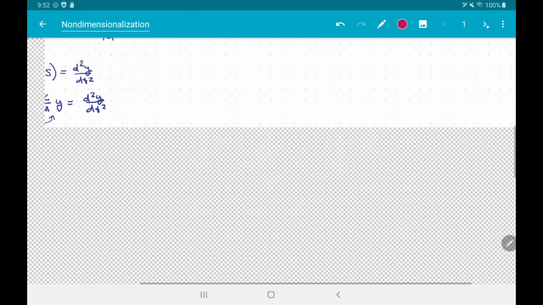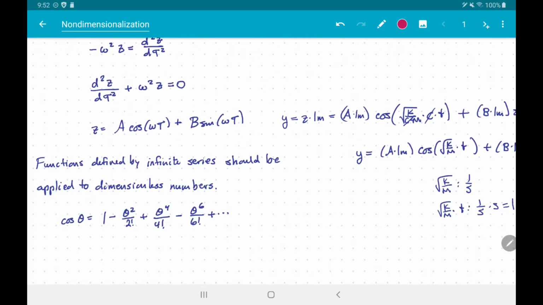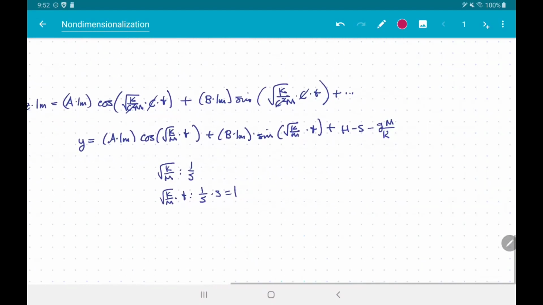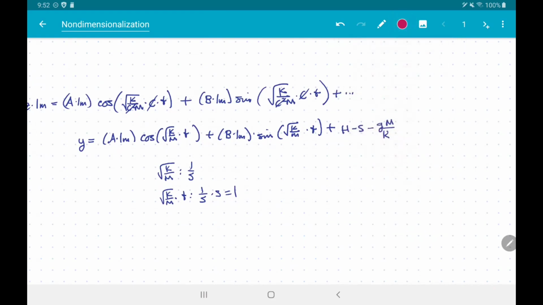If you go back down here and look at this, it repeats. It repeats when, let me write this a little bigger, when square root of k over m times t is equal to some multiple of 2 pi.